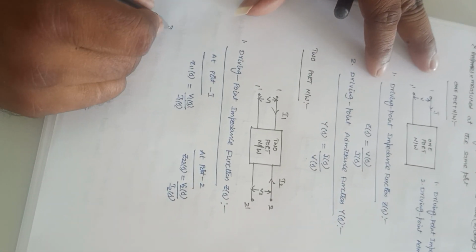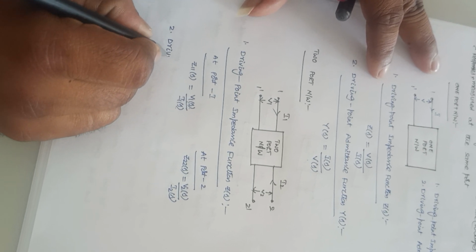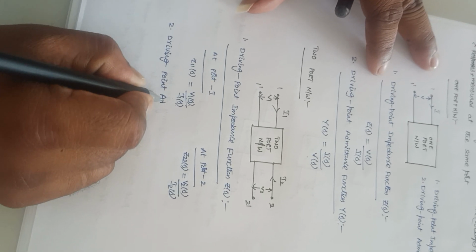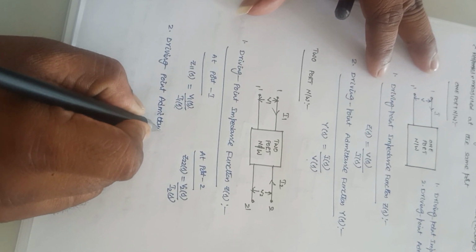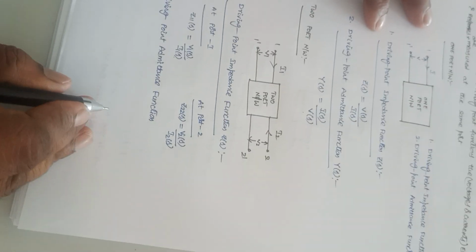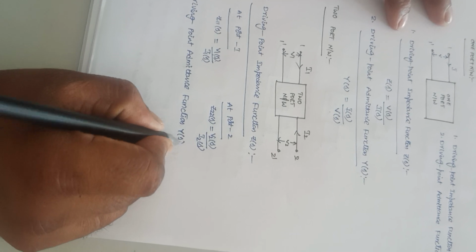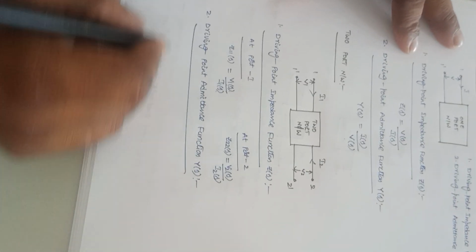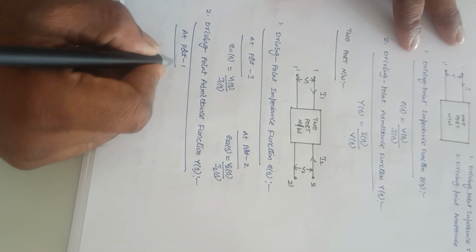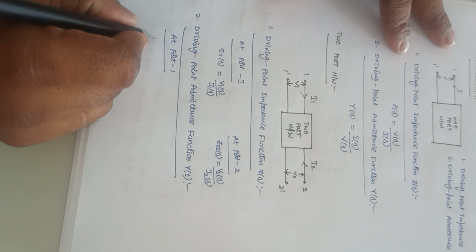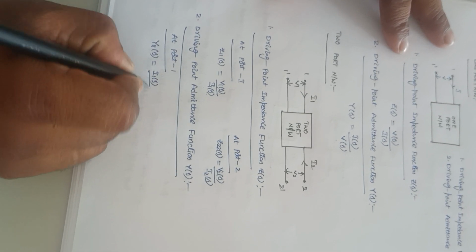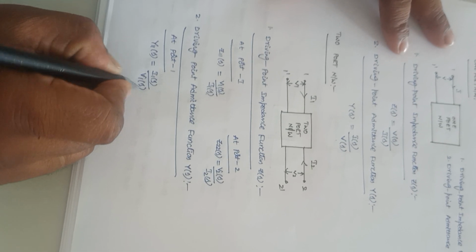Next, second one is driving point admittance function, that is Y of s, and it is different at each port. The driving point admittance function Y11 of s is equal to I1 of s divided by V1 of s.